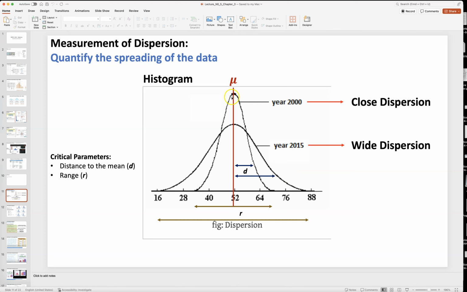So another way to measure the dispersion is to measure in general how far the data is from the mean. If that distance from the mean is larger, then we say the data is more dispersed.